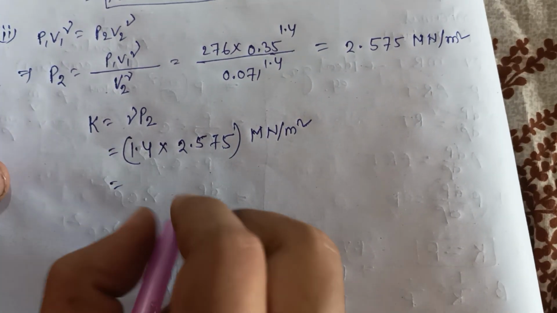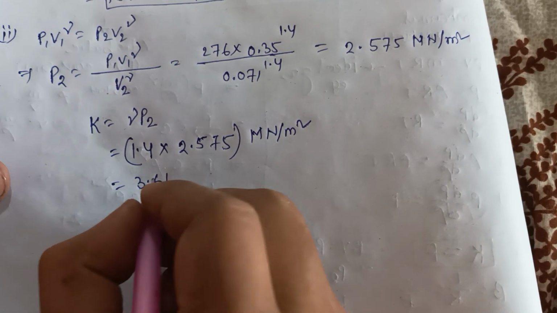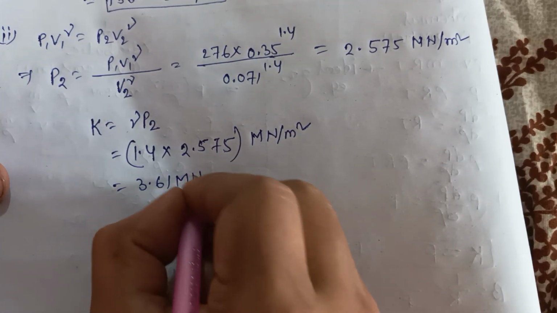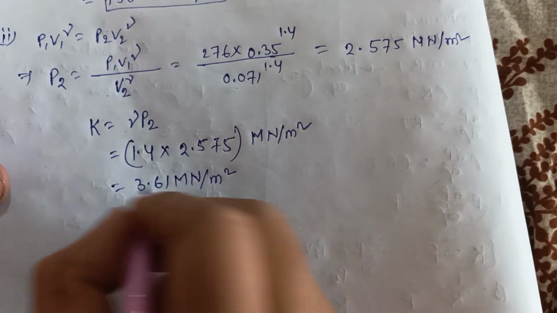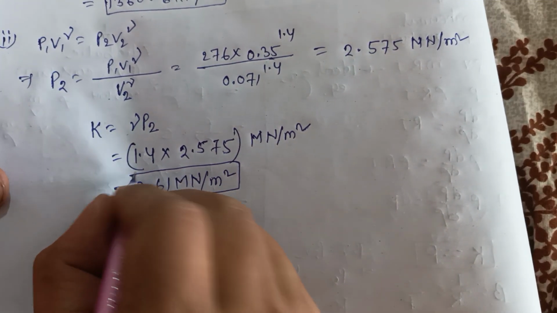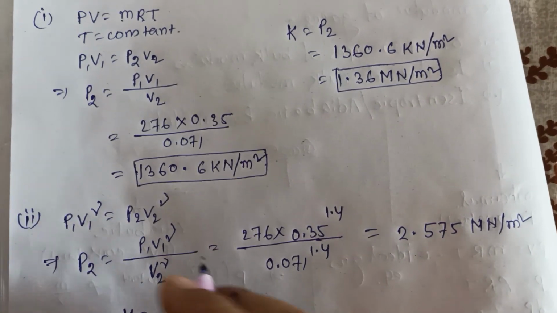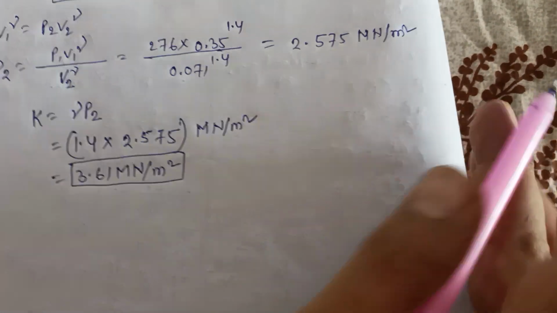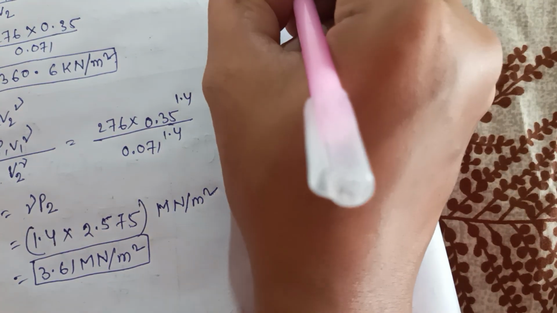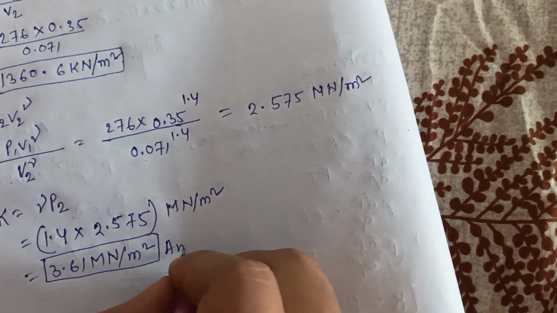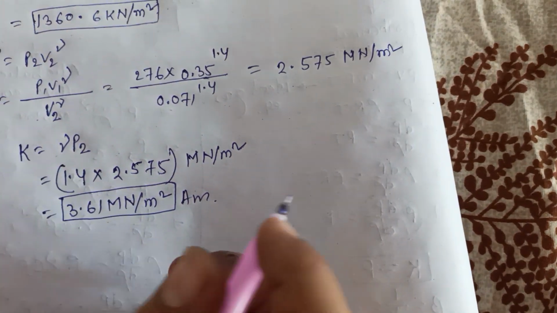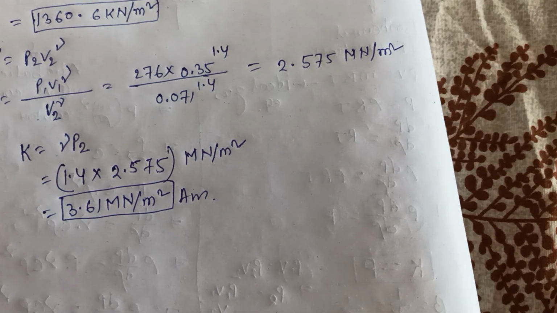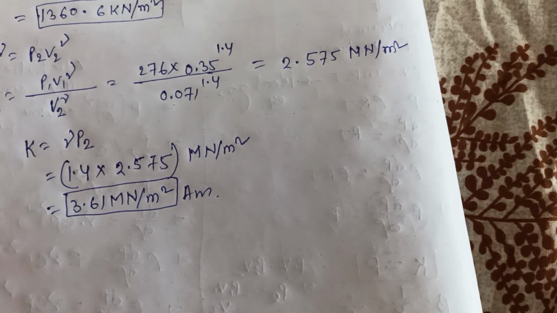If you calculate this value, it is 3.61 meganewton per meter square. So this will be our answer. For isothermal cases, the answer is 1.36 meganewton per meter square, and this is our answer for adiabatic cases. So this is all about the bulk modulus.